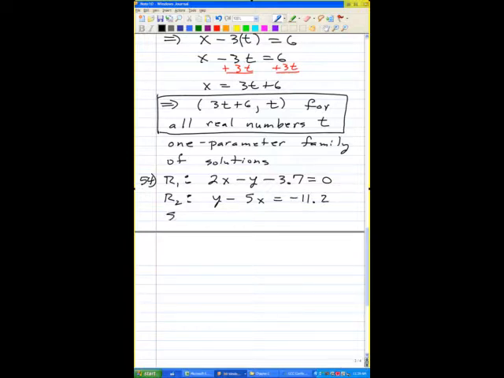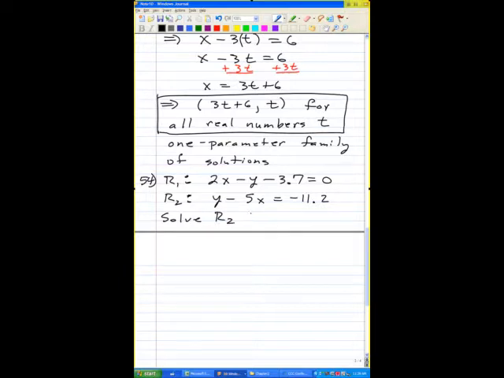Let's solve. So the first thing I have to determine is which of these equations is easiest to solve for one of the variables. In this case, solving for y here is actually the easiest. Notice there's a constant of 1 in front of a variable. And so it's easiest to solve for that variable. So let's solve for y in R2.